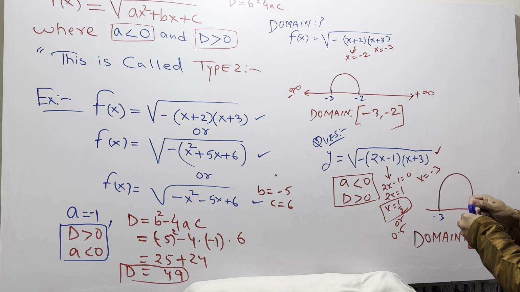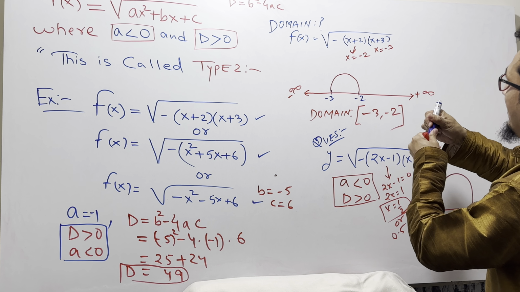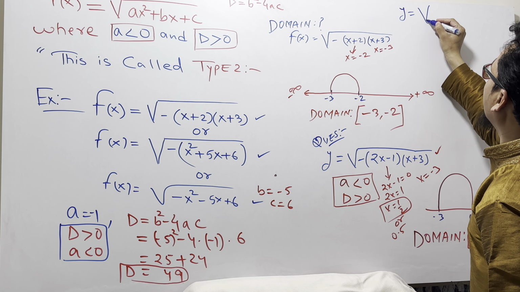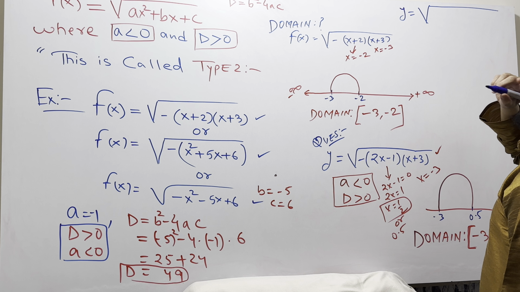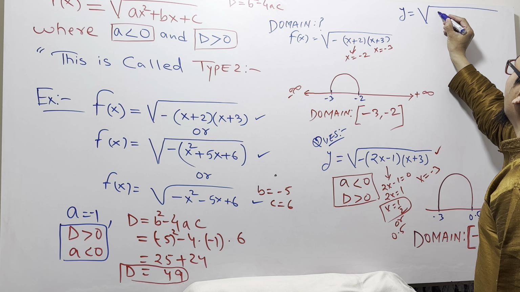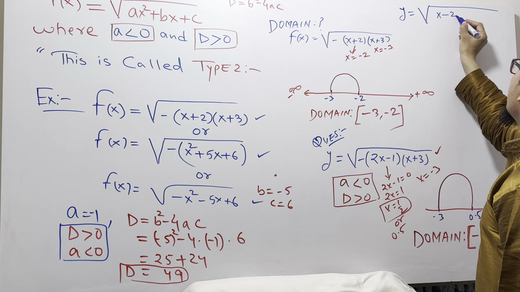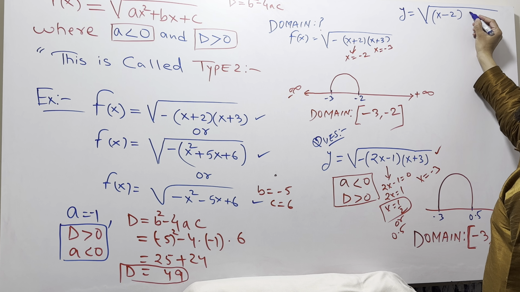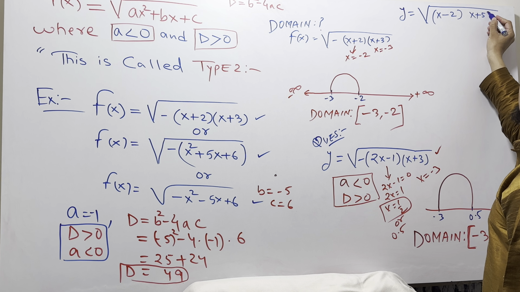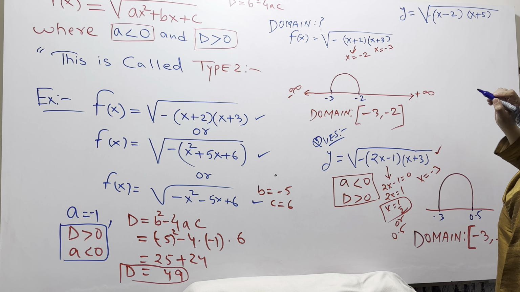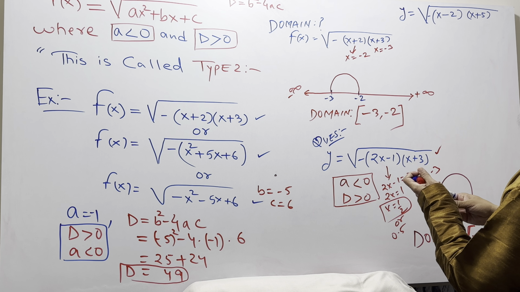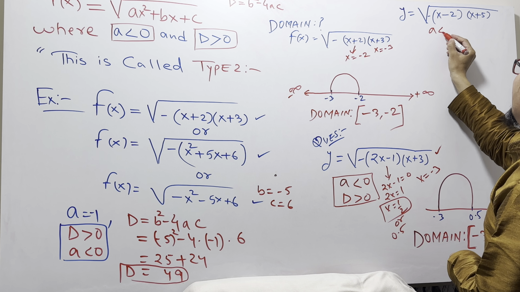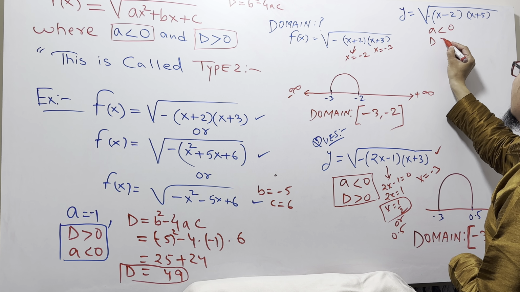Again, I'm going to give you one example here. For example, if you have any question here, like you can say x minus 2, and I can say here x plus 5, and this is minus, right? So here again you will find the same things. a is always less than 0 and d is always greater than 0.